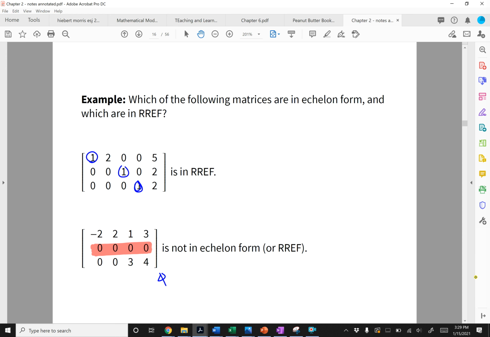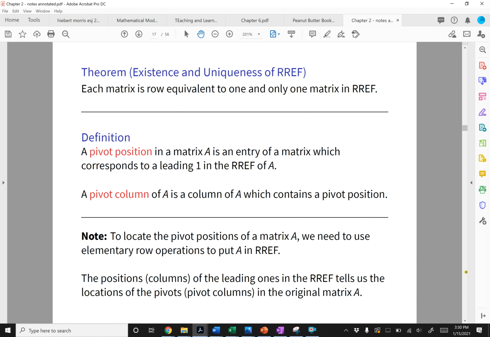And all the leading entries are 1, and in the columns where I have leading entries, all of the other values are 0. So that's reduced row echelon form. You'll get really comfortable with these because we're going to use reduced row echelon form a lot throughout this semester.